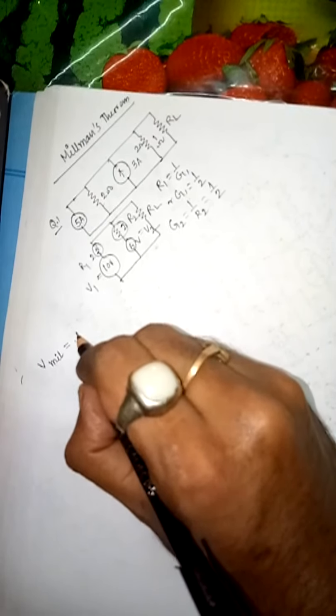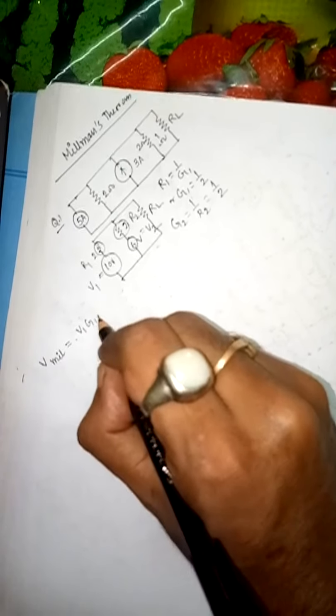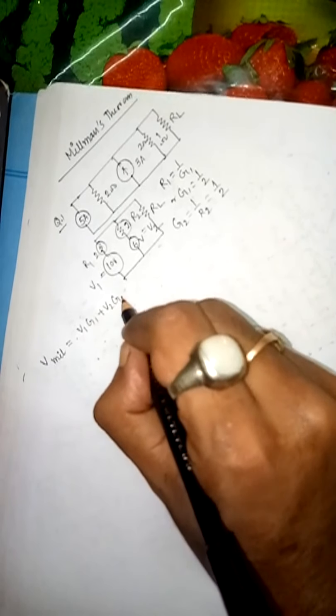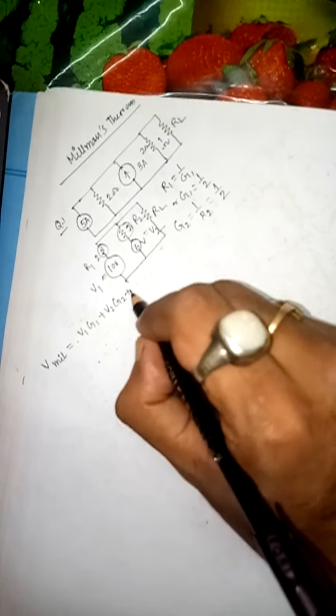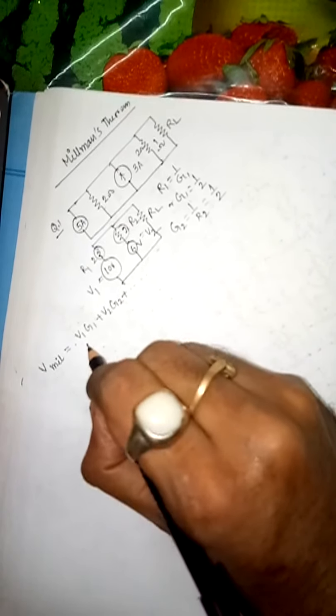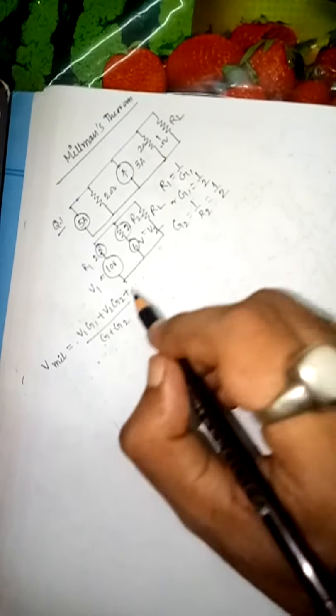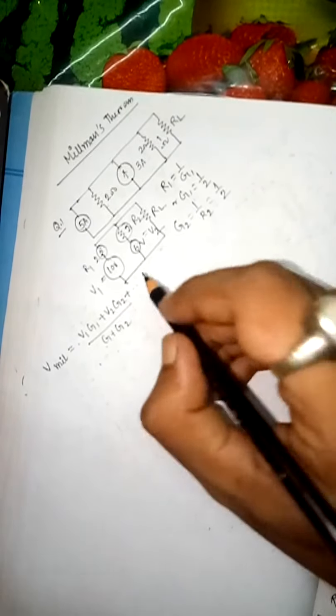You have to find it out. V Millman equals V1 G1 plus V2 G2, plus V3 G3, plus V4 G4 and so on, divided by G1 plus G2, and if there are more, G1 plus G2 plus G3 up to Gn.